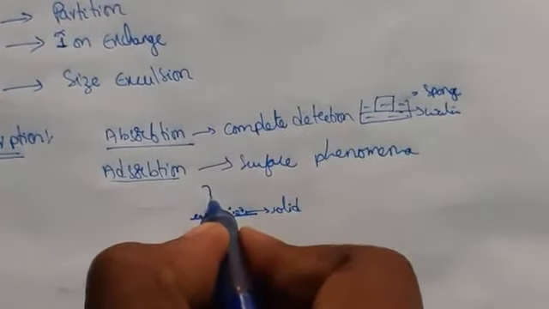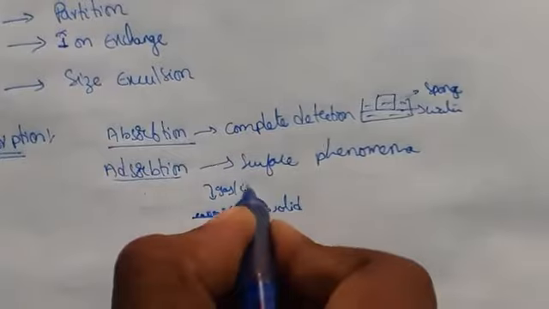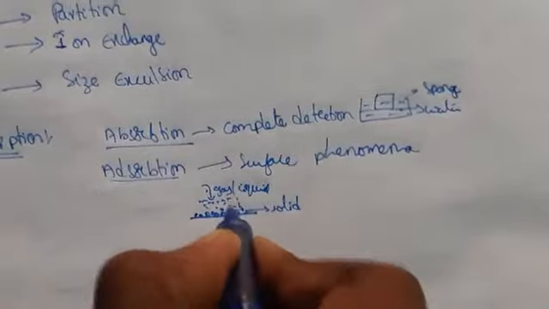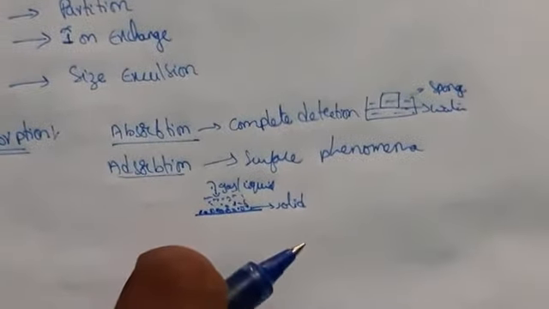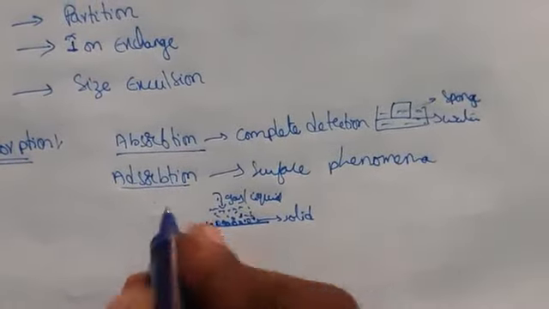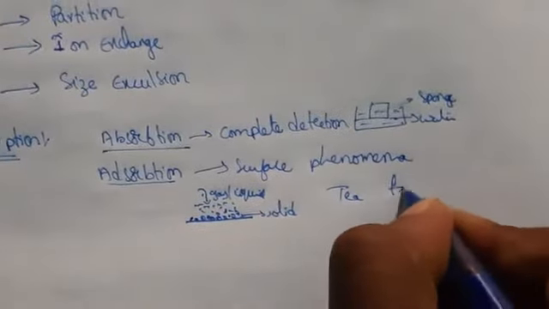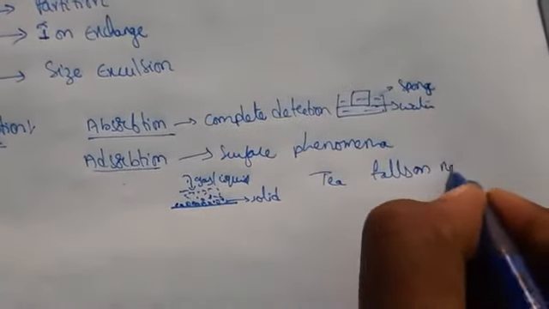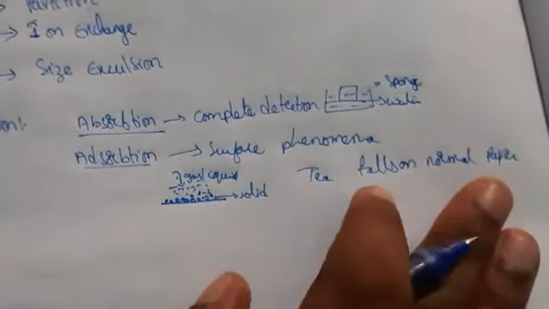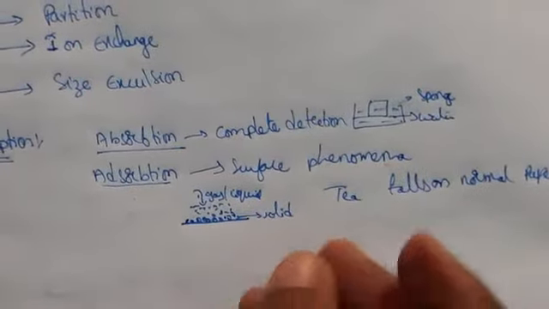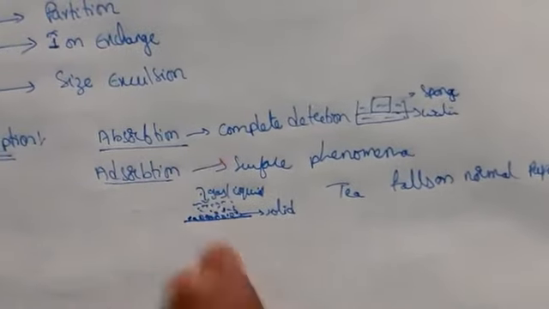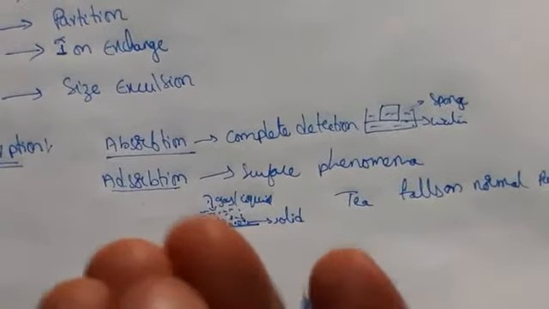If you add any gas or liquid mixture, it is going to adsorb. Same example: when tea falls on normal paper, the mark is on the paper, but it is not going inside into the molecules of the paper.